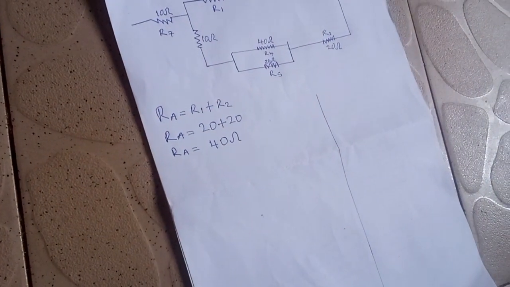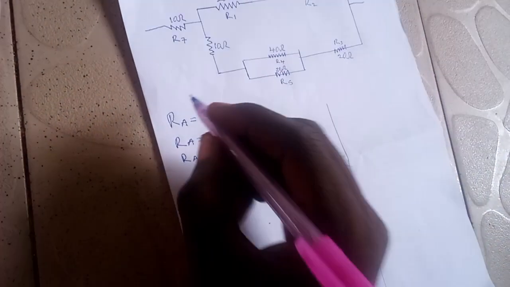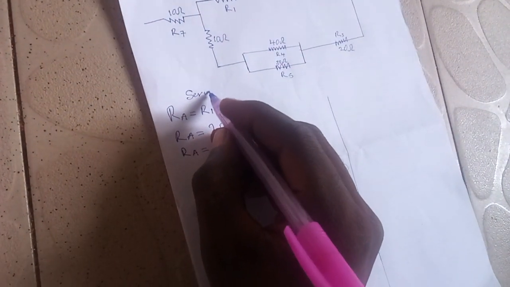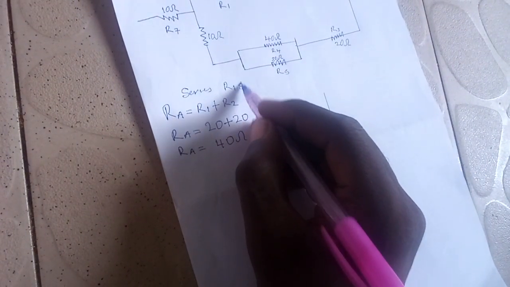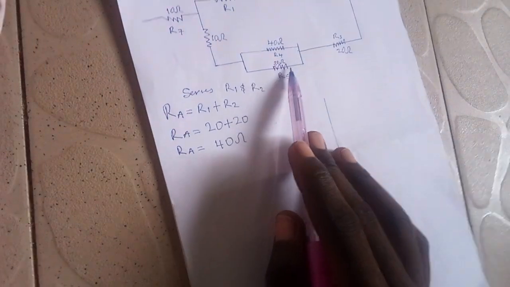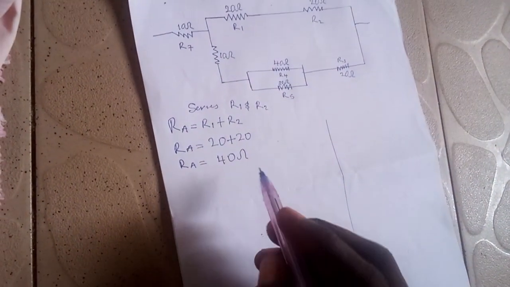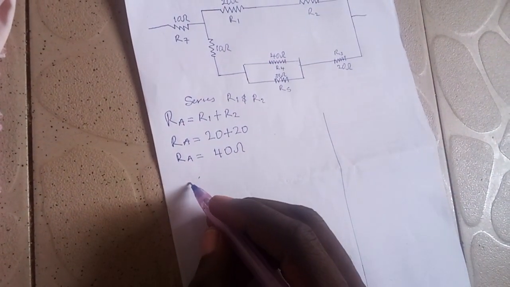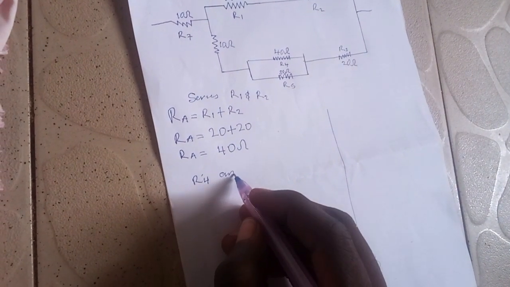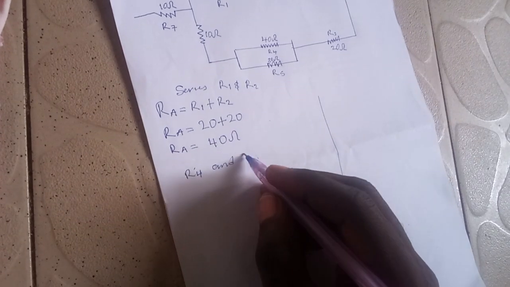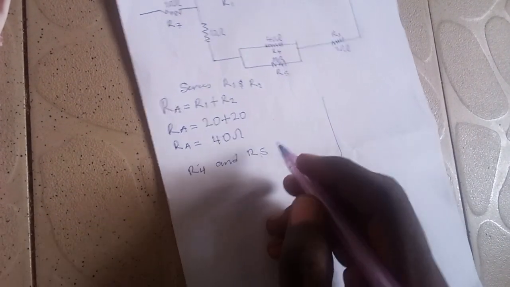So now our series here, series was what? R1 and R2. So our parallel, which is this one, is going to be what? Our parallel is going to be R4 and R5.